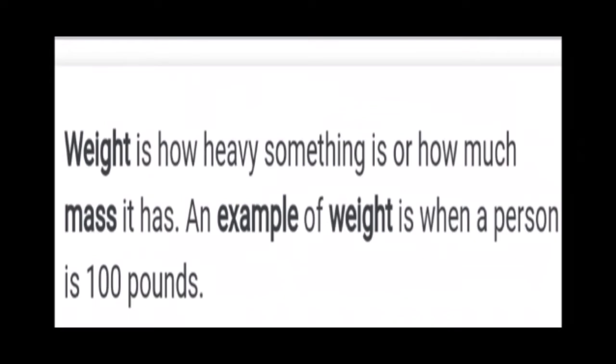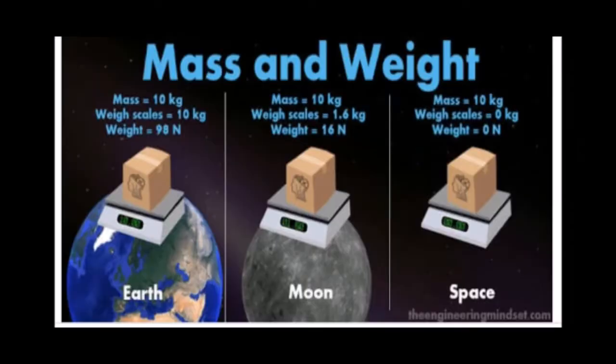An example of weight is when a person is 100 pounds. Look at another example of mass and weight. The mass is the same whether it is on Earth, Moon or space, whereas the weight differs on Earth, Moon and space.